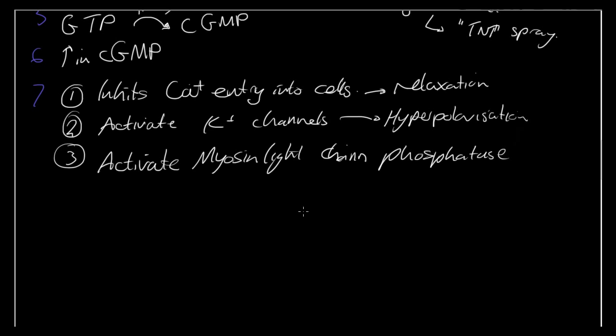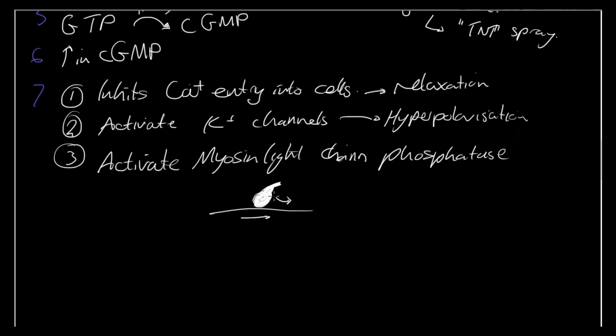We might try and draw. So we've got your actin here. You've got your myosin head. This might require some revision on your part. And then basically what it does is it stops the kick from the myosin head, which results in the contraction.